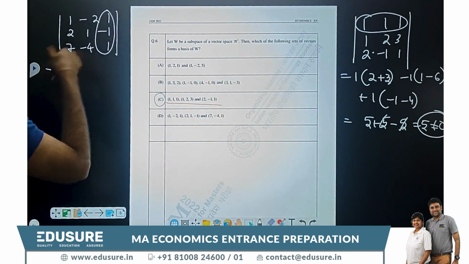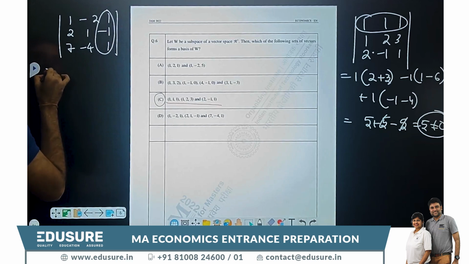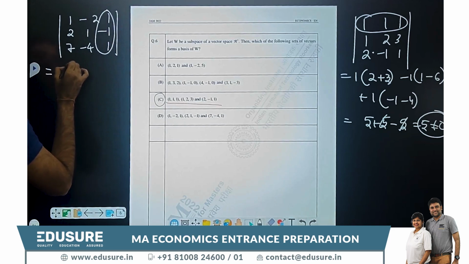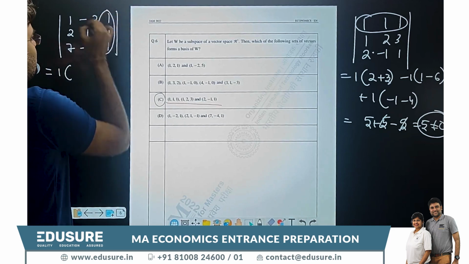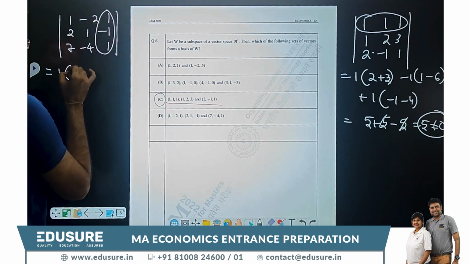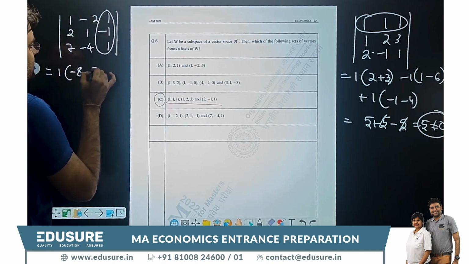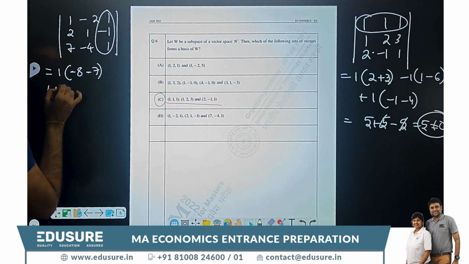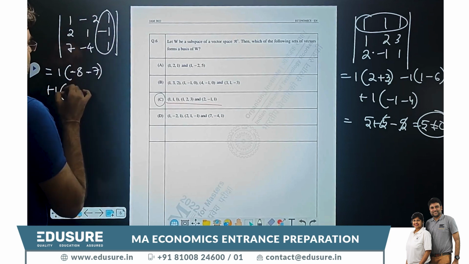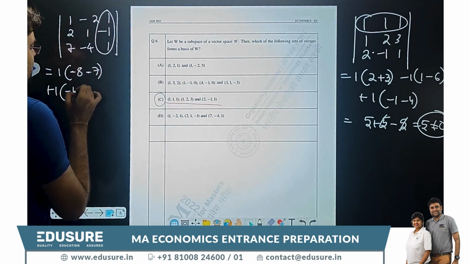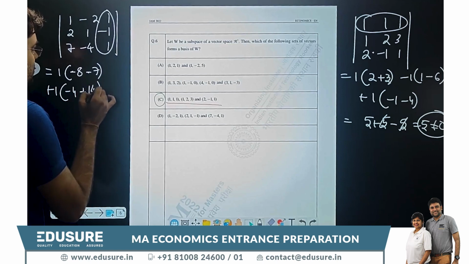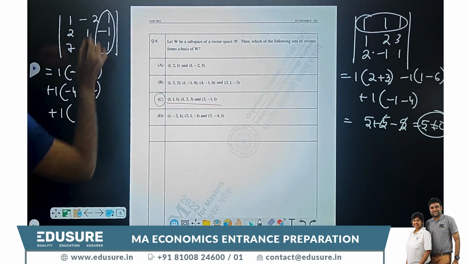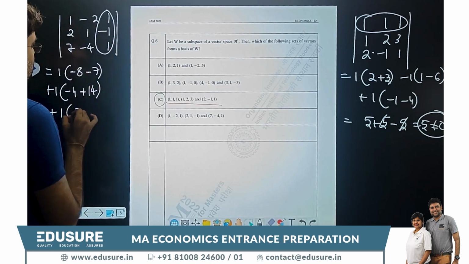Okay, so let's do it. 1 multiplied by this goes minus 8 minus 7 plus 1. This goes minus 4 plus 14 plus 1 goes 2 plus 2.